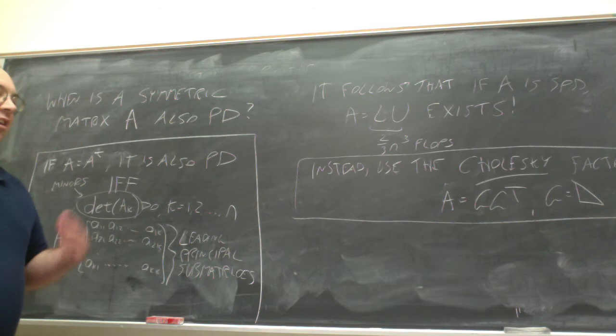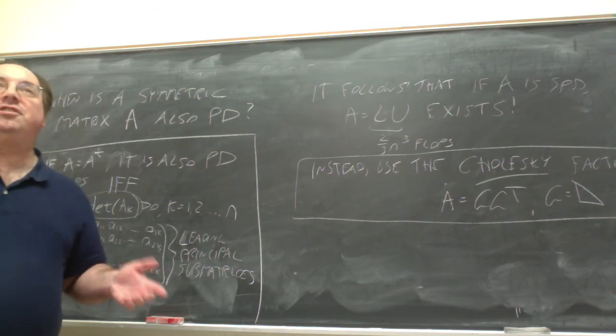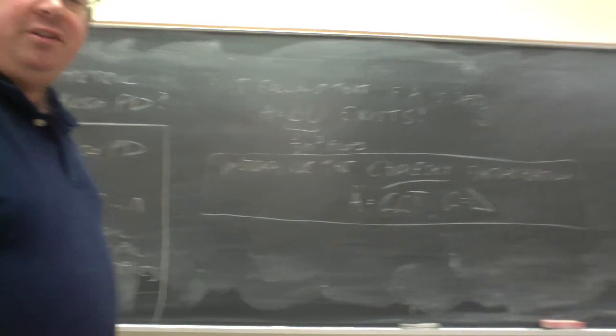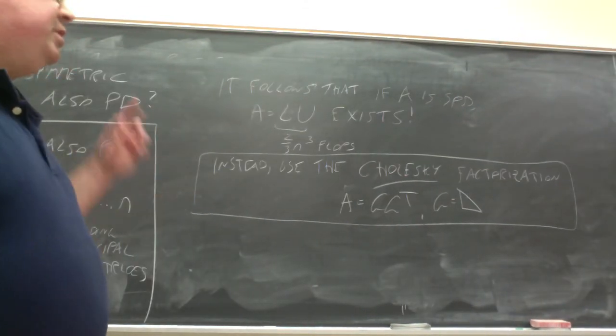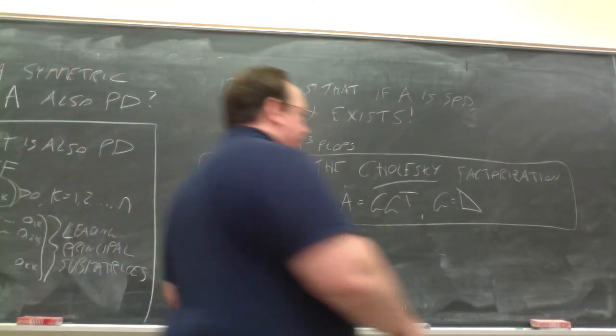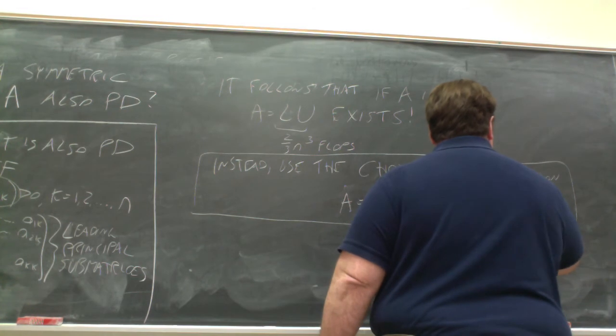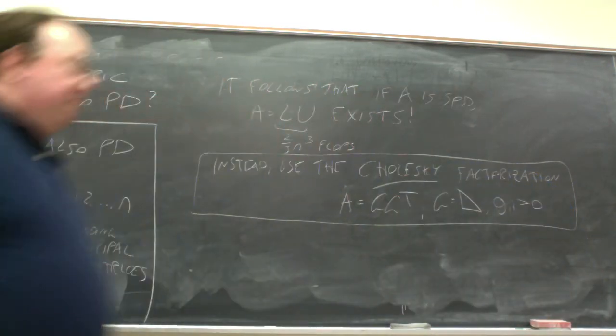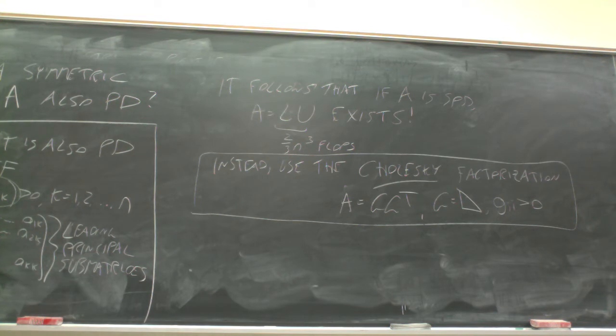So we still have a lower triangular times an upper triangular matrix, just like in the LU decomposition. The difference is now we're requiring these two matrices in the factorization to be transposes of each other. And we also require that each diagonal entry be positive. They're not going to be zero anyway. But by requiring positive, we ensure that it's unique.